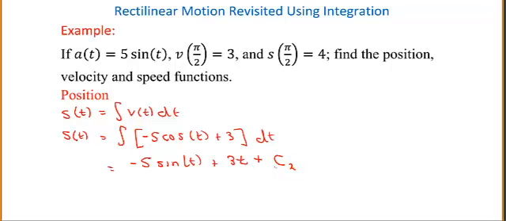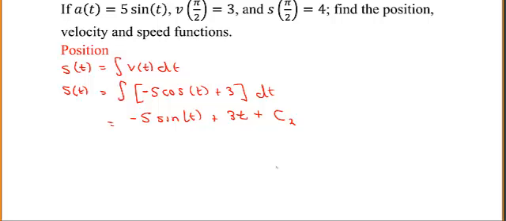And now to figure out c2, let's look at the position function at pi over 2. We're given that the position function at pi over 2 is 4, but it is also equal to the position function where every instance of t has been replaced by pi over 2.